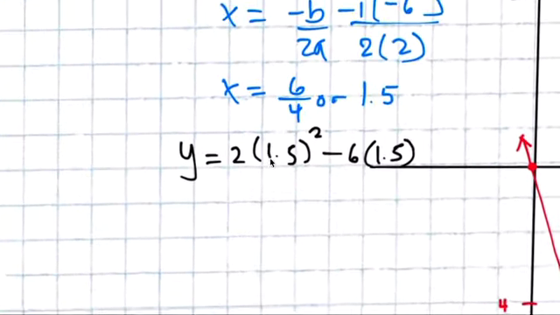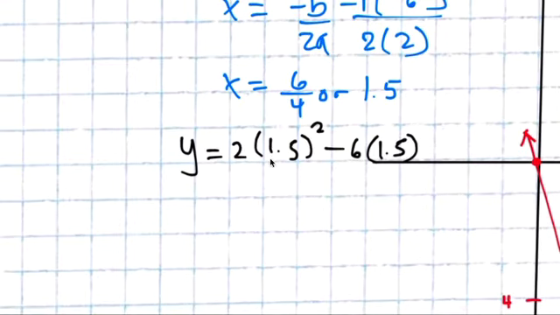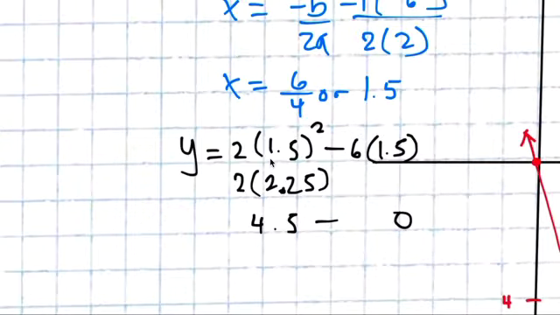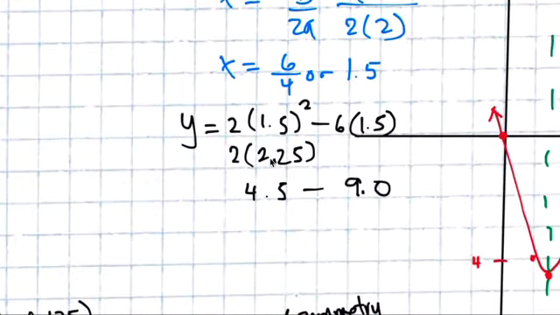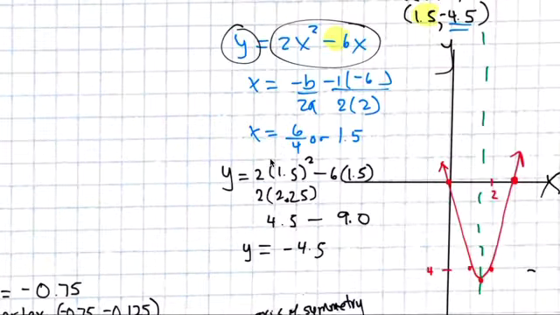That gets you 1.5 times 1.5 is 2.25. Times 2, twice that is 4.5, right? Minus 6 times 1.5 is 9.0. So you get y equals negative 4.5. That's how we get that answer there, the vertex.